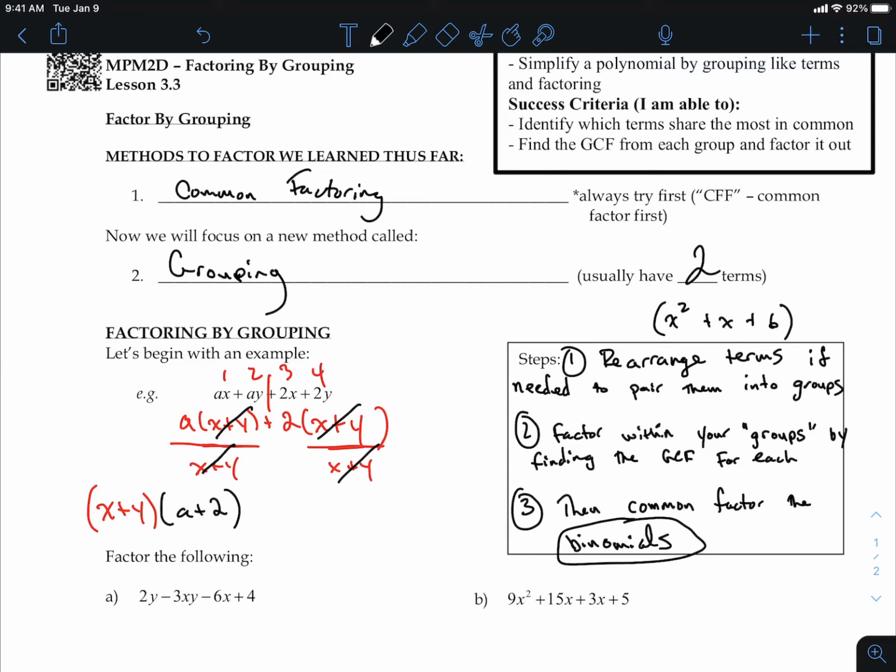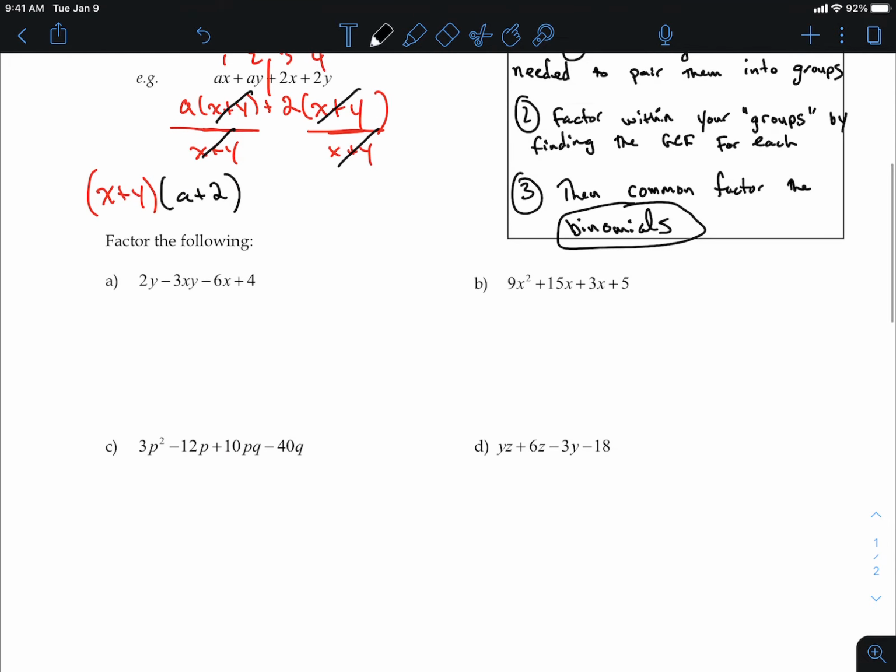Let's try a couple. This is a short lesson, but a very, very important skill that you'll use later. So let's take a look at A here. You're going to try and factor it, but factor it by grouping. So I'm looking at two things: numbers and variables.